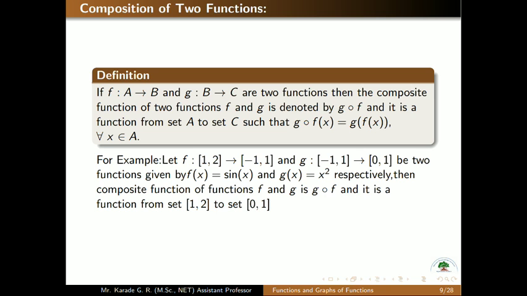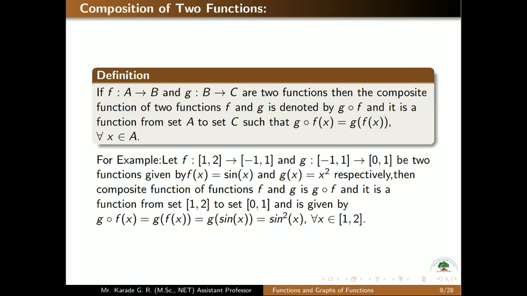The composite function g composite f is a function from the set 1 comma 2 to the set 0 comma 1, and it is given by g composite f of x equal to g of f of x equal to g of sin x equal to sin square x for all x belongs to 1 comma 2.